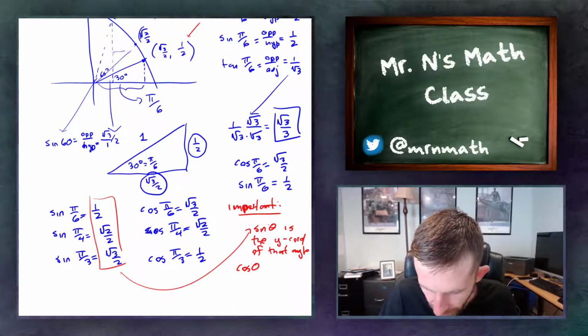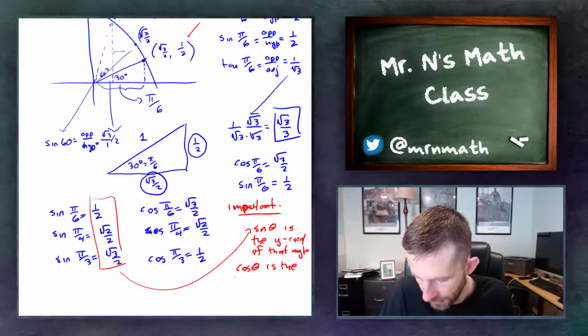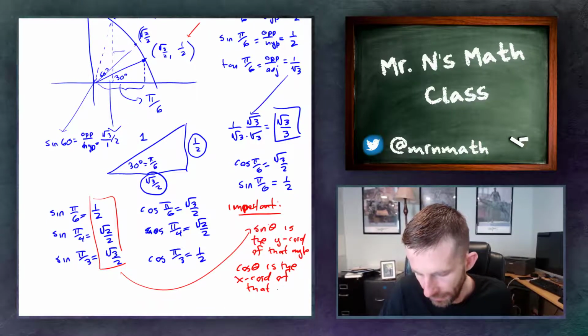And cosine of theta is the x coordinate of that angle.